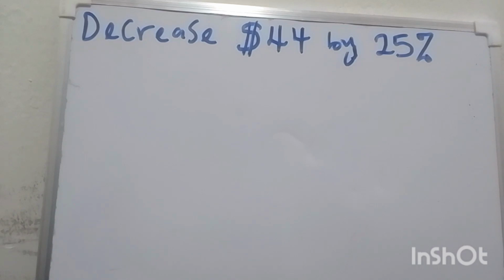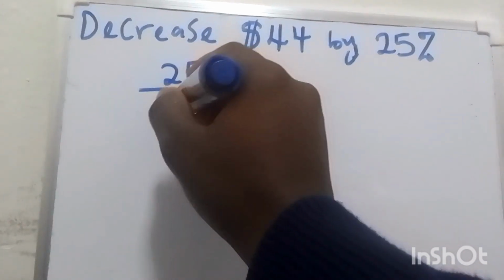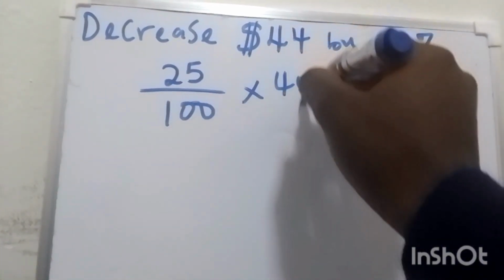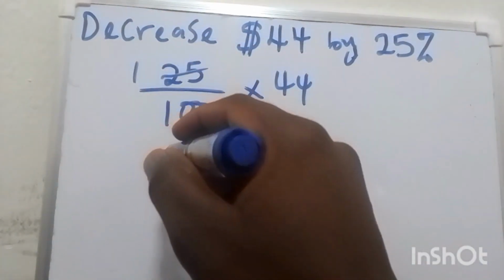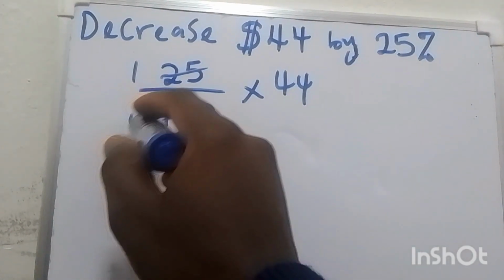Alright, this question says decrease $44 by 25%. We simply say 25% means 25 over 100 multiplied by 44. Now we can say 25 divided by 25 gives us 1, and 100 divided by 25 gives us 4.